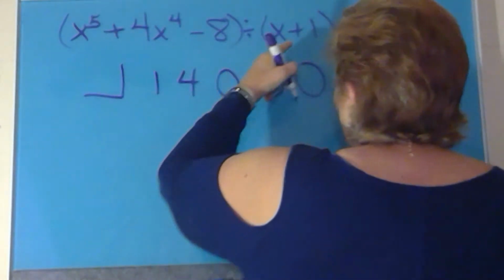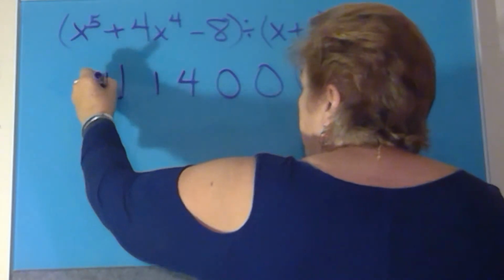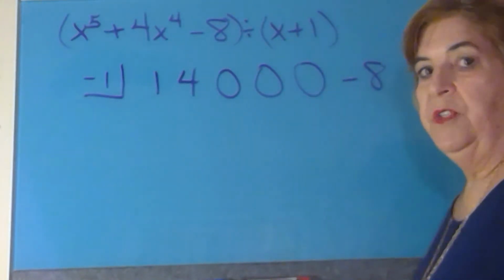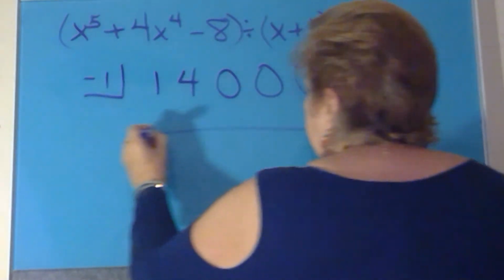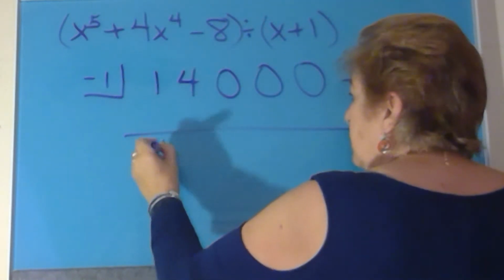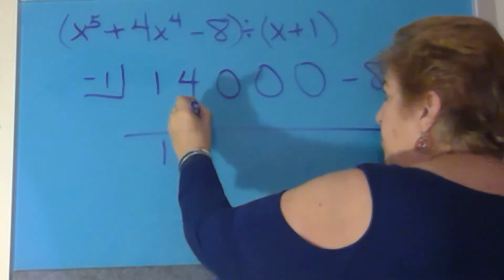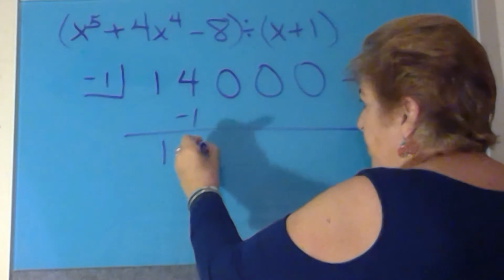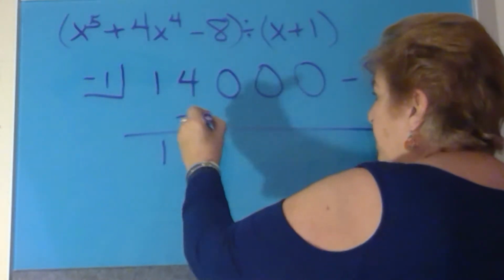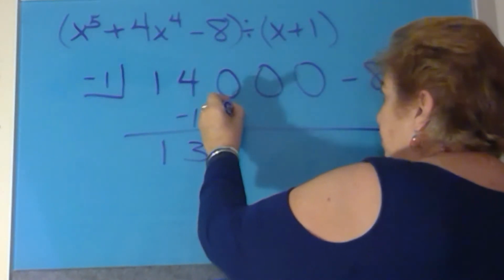And we're going to divide by x plus 1, so we put a minus 1 out there. Bring down the 1. 1 times negative 1 is negative 1. 4 plus negative 1 is 3. 3 times negative 1 is negative 3.